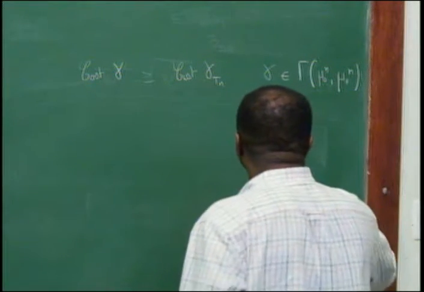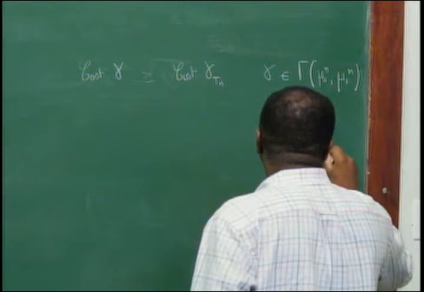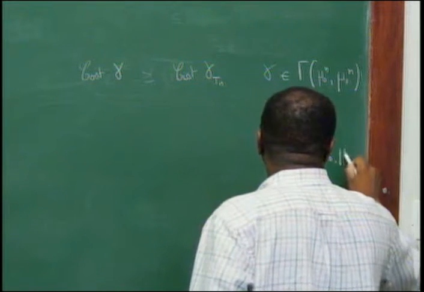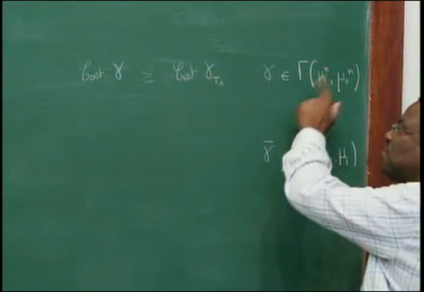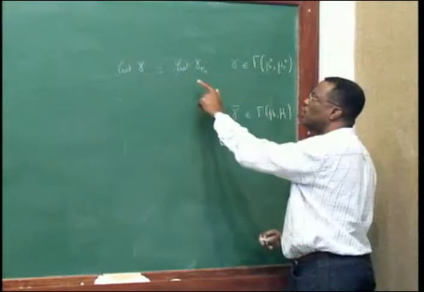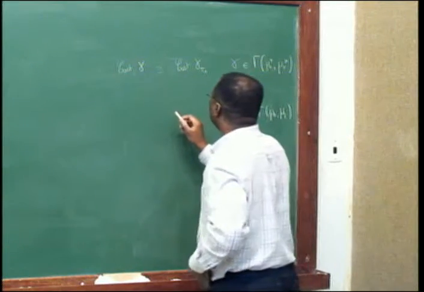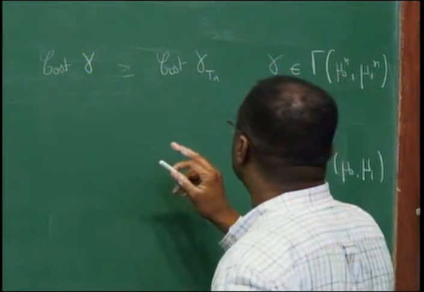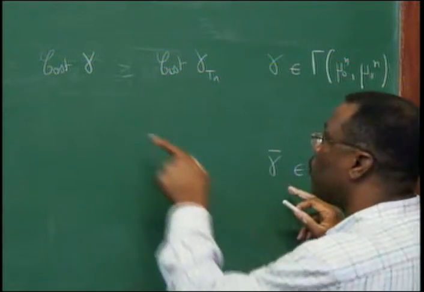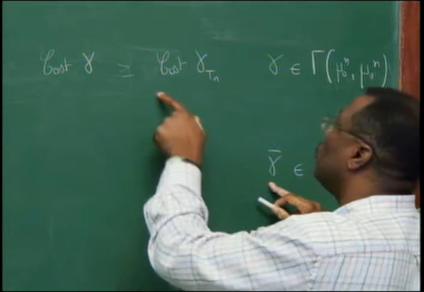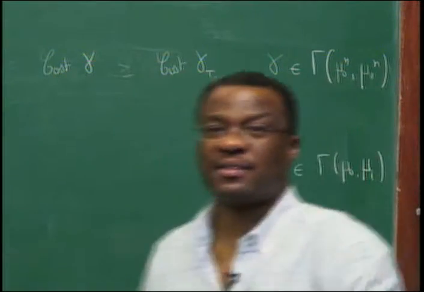Now I am taking gamma bar in gamma mu naught mu 1. When I take gamma here, it is not there. So I cannot use the information here to compare the cost of gamma bar to the cost of this limit.